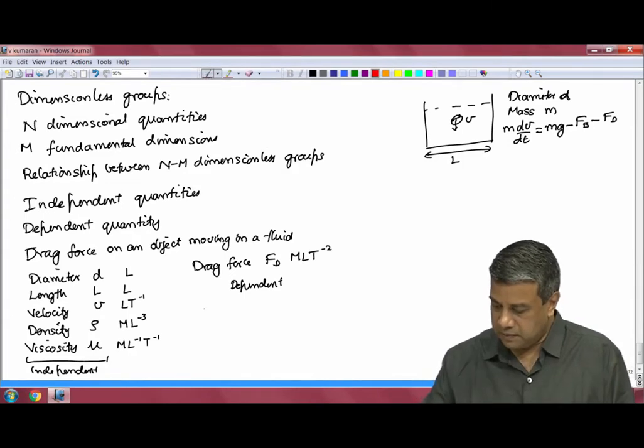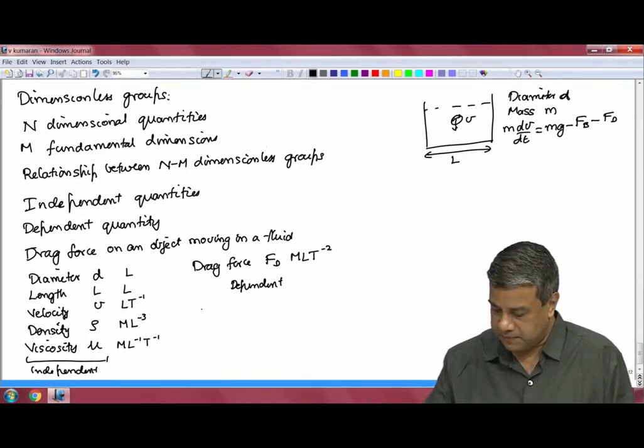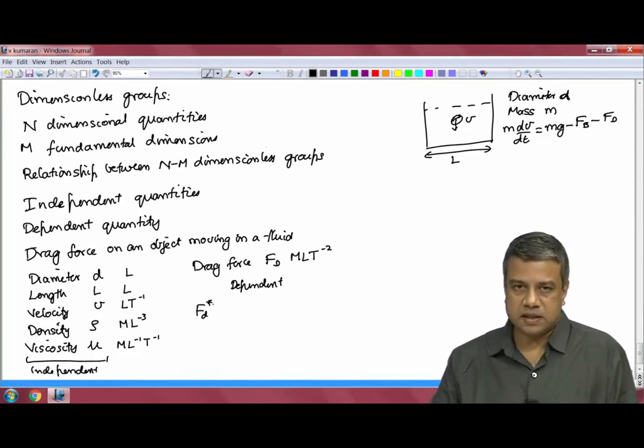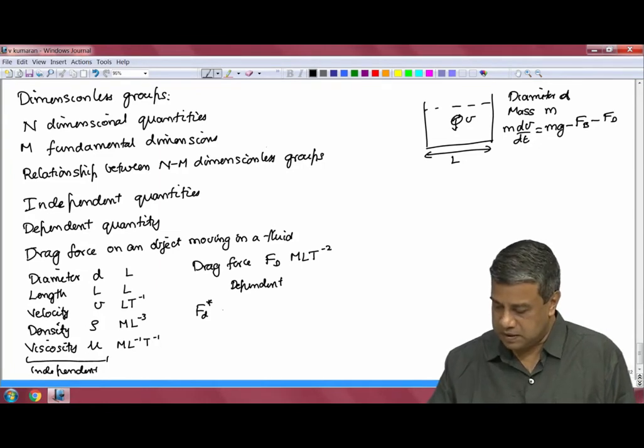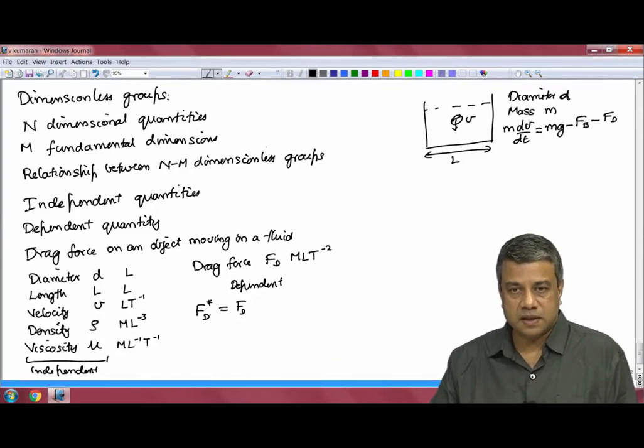So, I will define my first dependent dimensionless group as a scaled drag force. The asterisk denotes that it is dimensionless, and it is equal to the drag force, F_D, times something with mass dimension, either the density or the viscosity.